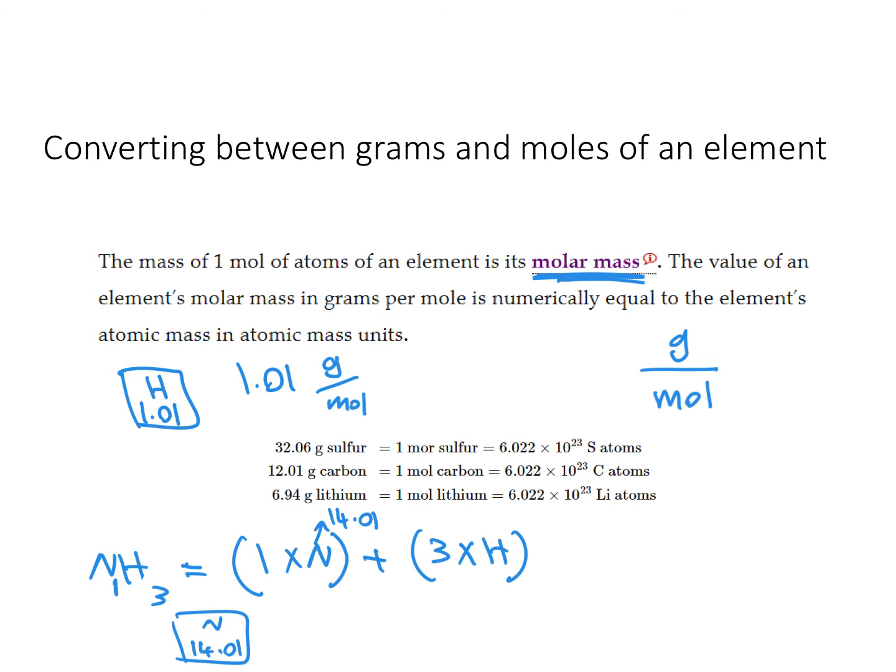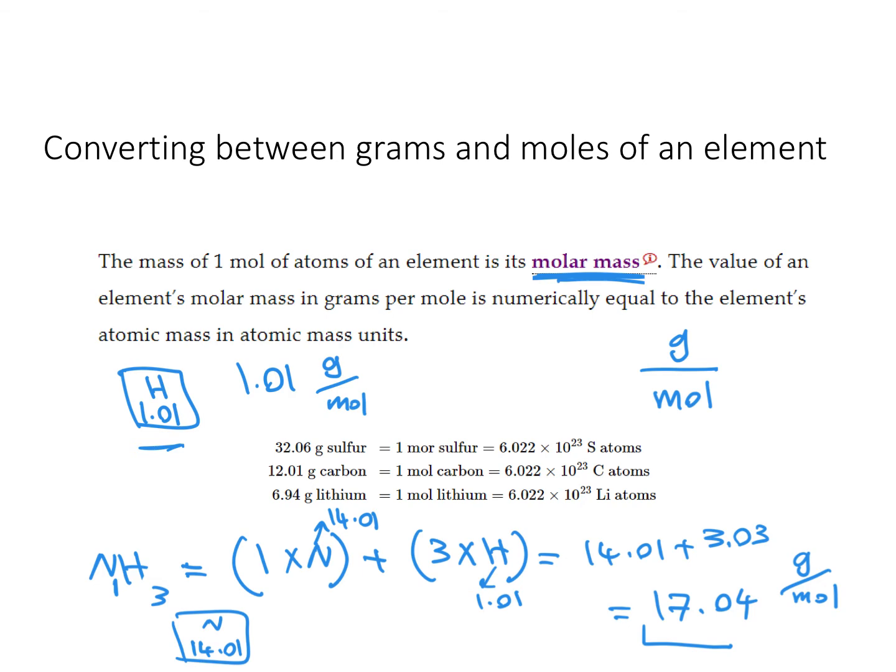And for hydrogen, I just had that here, 1.01. 3.03 would give 17.04. And what is the unit of molar mass? Grams per mole, exactly.